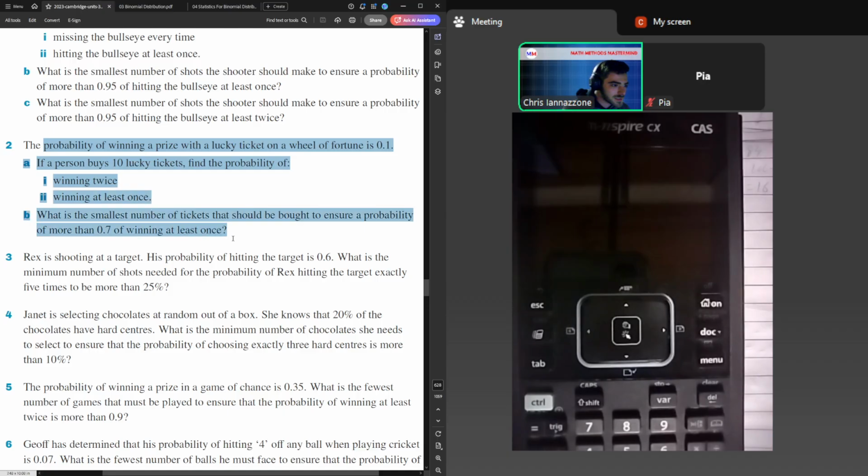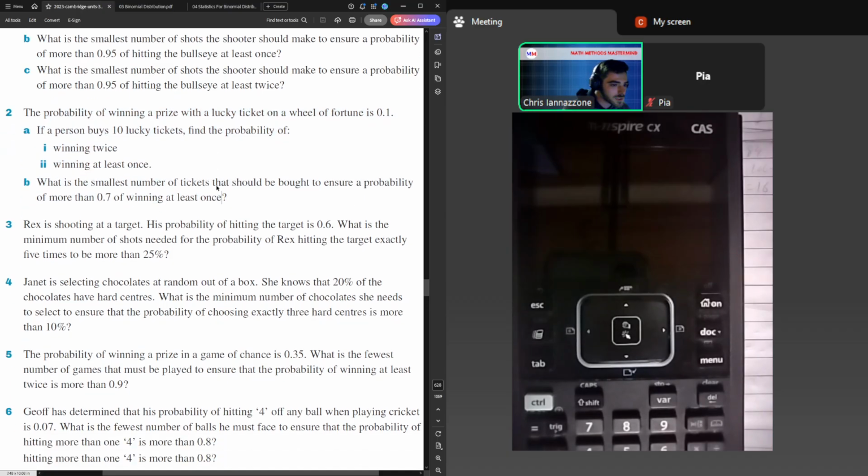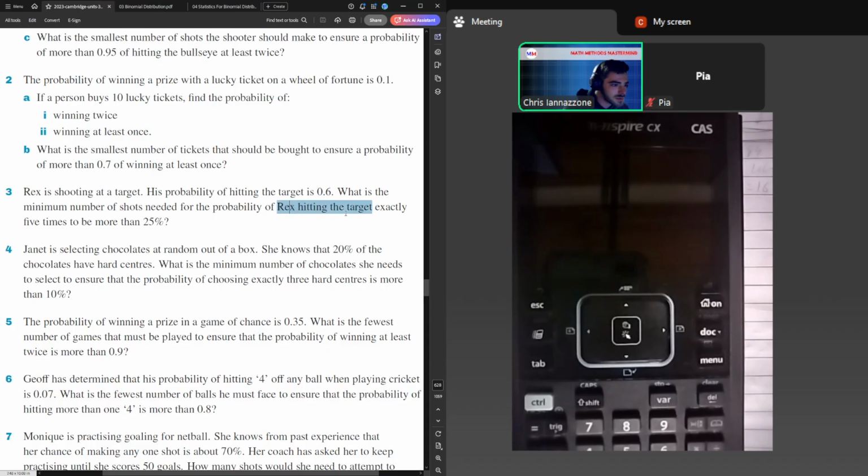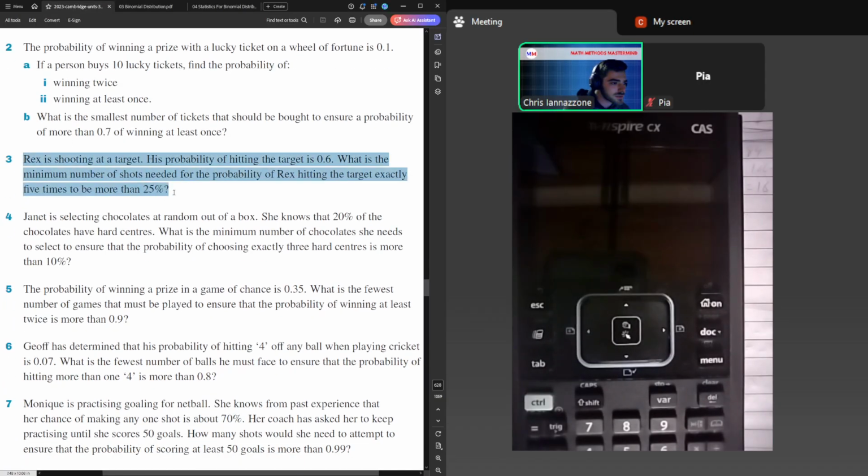What else have we got here? Smallest number, winning at least once. Oh, hitting exactly 5 times. Interesting. So question 3, what do you have to modify to make this guess and check method work?